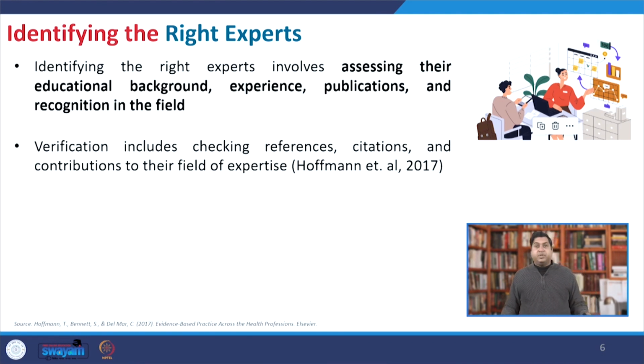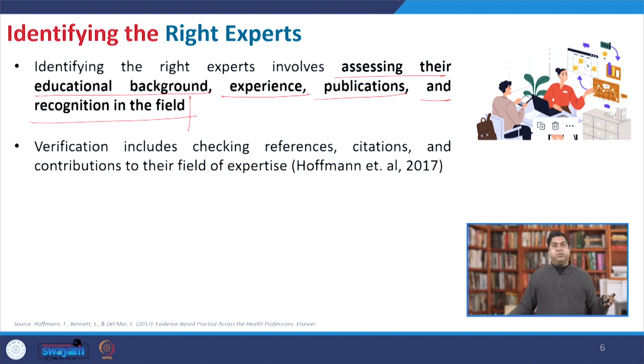Identifying the right experts is very important for a researcher. Identifying the right expert involves assessing their educational background, their experience, their publications, if you want to seek a researcher, and recognition in the field. All of them are important, but you may not get everything in one particular person.